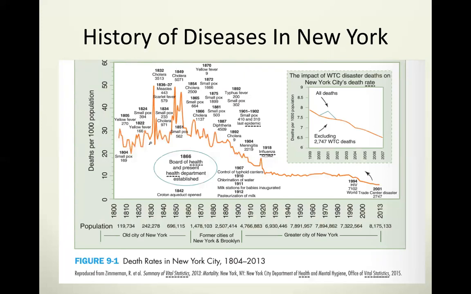And you can also see how things started to come in with the control of typhoid carriers, the chlorination of water in 1910, milk stations for babies in 1911, and then pasteurization of milk in 1912. So you could start to see how we put public health measures in and start to control diseases.